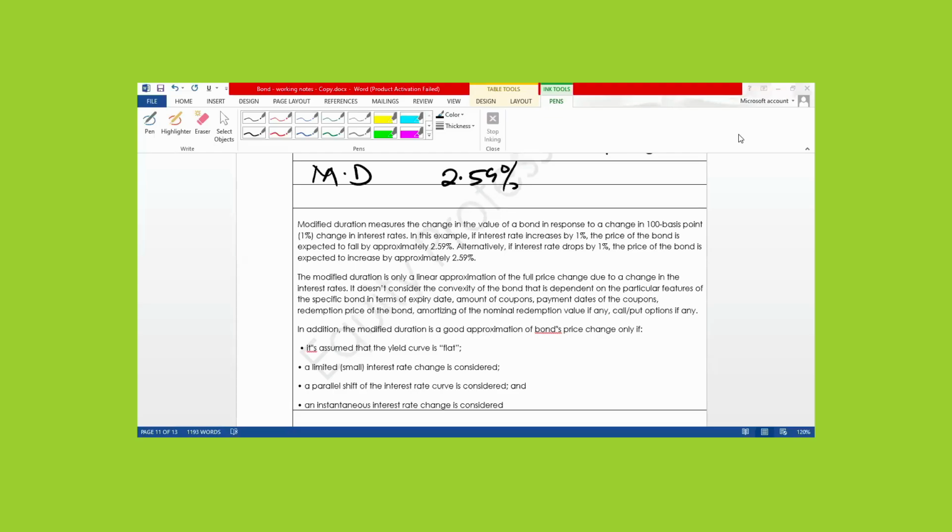These are the limitations. The modified duration is a good approximation of bond price change if it is assumed that the yield curve is flat.